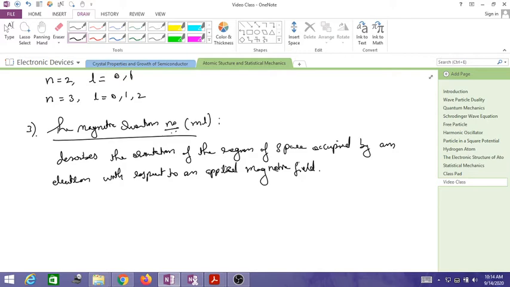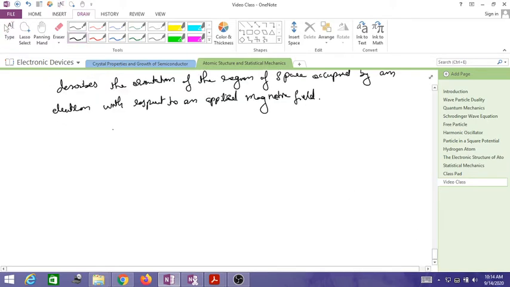applied magnetic field, and this is represented by a variable ml, and ml can take any value that is plus or minus L. Now for example, if L is equal to 1, then ML is equal to -1, 0 and 1. So here ML can be considered as the orbitals. So ML represents the orbitals.